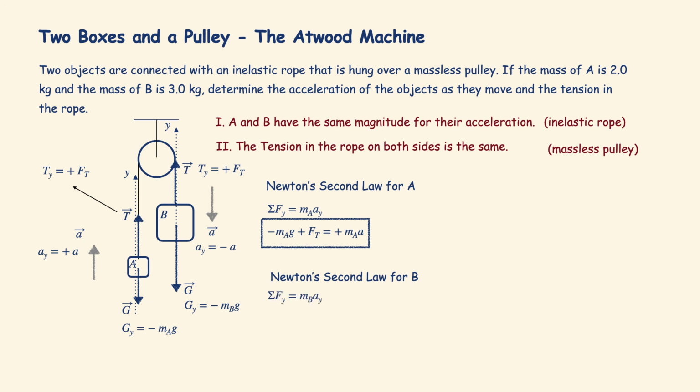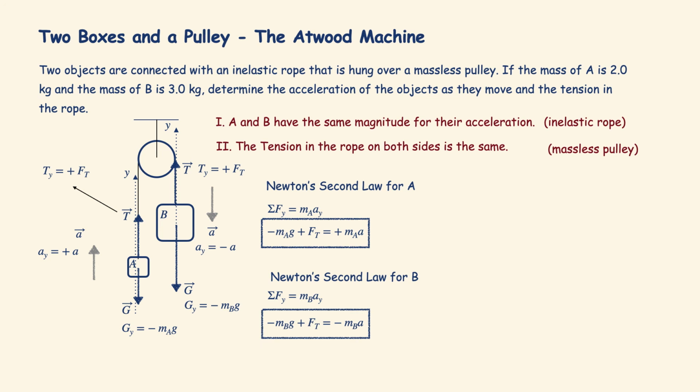They have to add up to the product of the mass of the object times the acceleration. Specifically, I will have minus m_b times g plus F_T equal to minus m_b times a. Remember, minus a here is the y component of the acceleration of the heavier object that is falling downward. So there's my second equation.